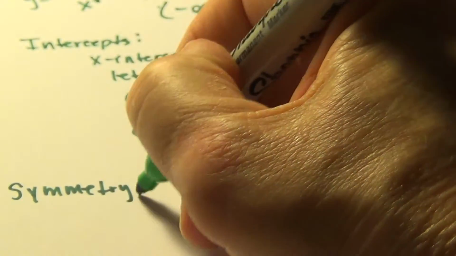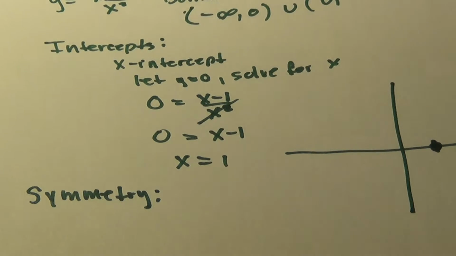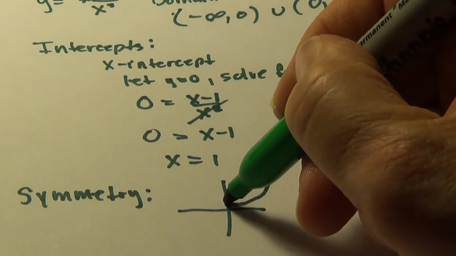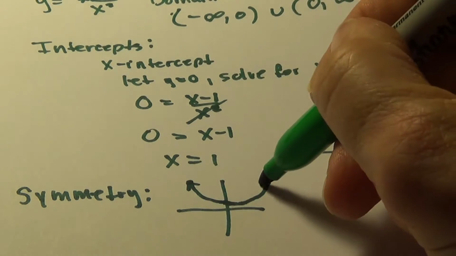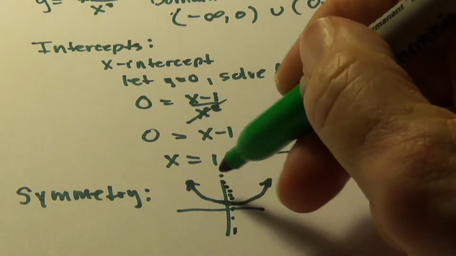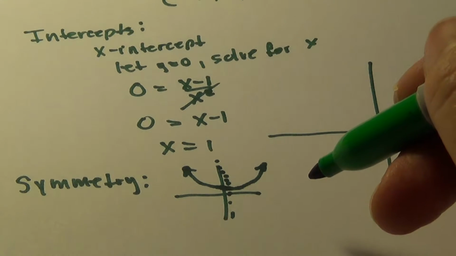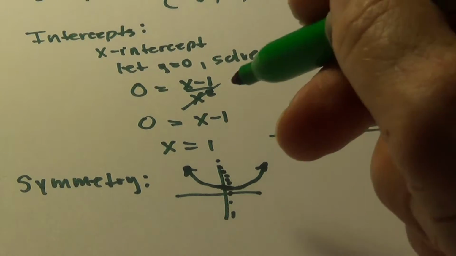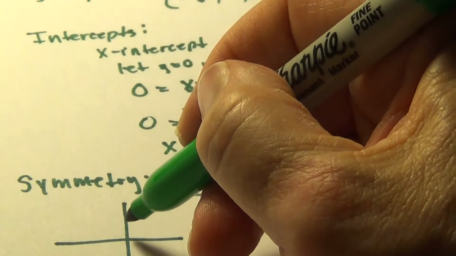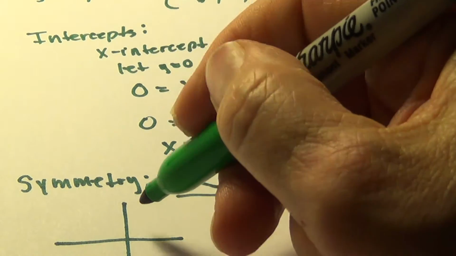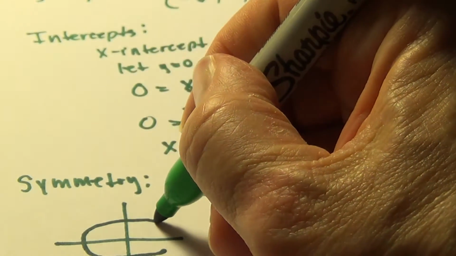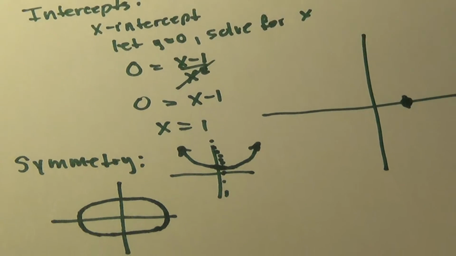There are three kinds of symmetry. One is about the y-axis. If whatever is going on this side of the graph is also going on this side of the graph, we call it symmetrical across the y-axis. So I can fold it along this line and get an exact imprint. And that's called y-axis symmetry. And then there was symmetry to the origin, and that is, if you recall, every point on the graph, say we had an ellipse, which isn't a function, but it is a relationship.